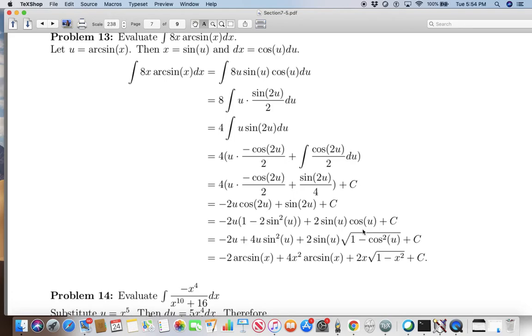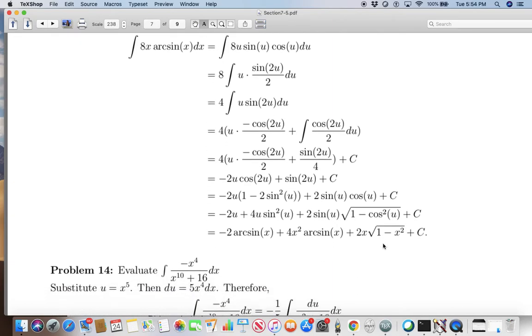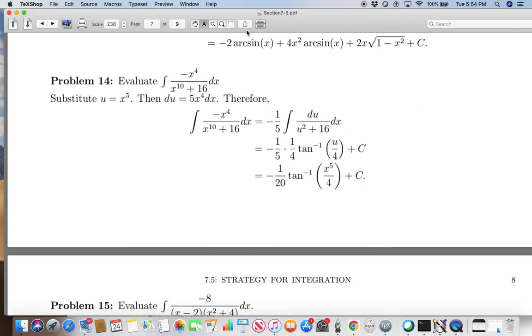I should have cosine u itself is 1 minus sine squared. I should write sine squared here. That gets me x. Alright, so there is a small typo here. It should be sine squared. Cosine u is square root of 1 minus sine squared. So basically the final answer is all of this.